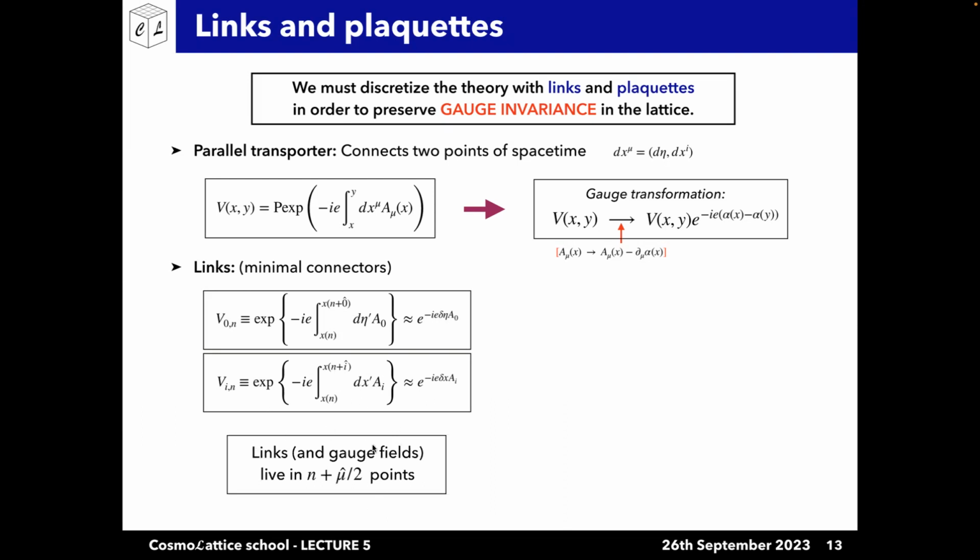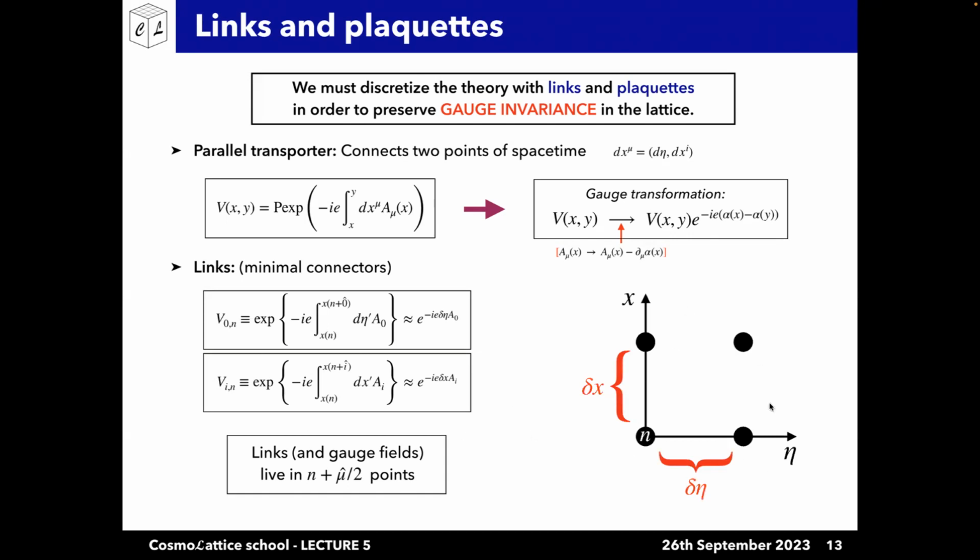The links defined in this way, and gauge fields, live naturally at points located between nodes of the lattice, so at n plus mu over 2 points. Why? Because we are integrating between the point n and n plus dt, or n and n plus dx, so naturally these gauge fields and links live between points of the lattice.